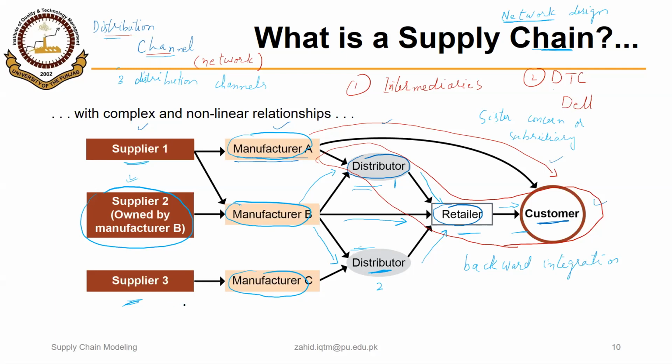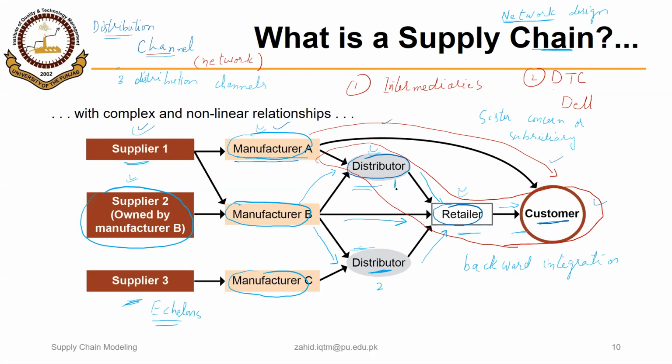Now, these are sometimes called echelons or levels. For example, if we talk about the supply chain of manufacturer A, so it has 1, 2, 3, 4. If we ignore the customer at the moment, so it has 4 echelons. So one level is supplier level, other is manufacturer itself, third is distributor, and fourth is the retailer.